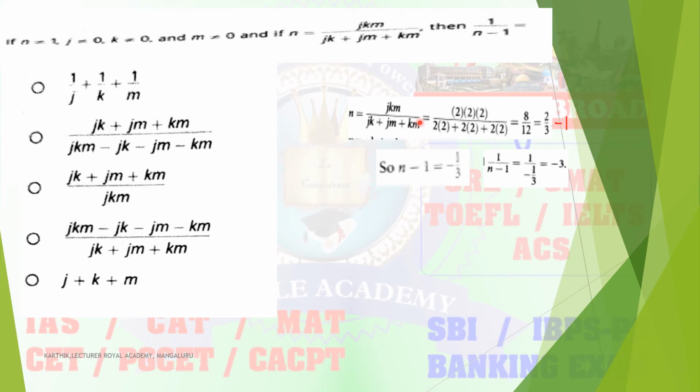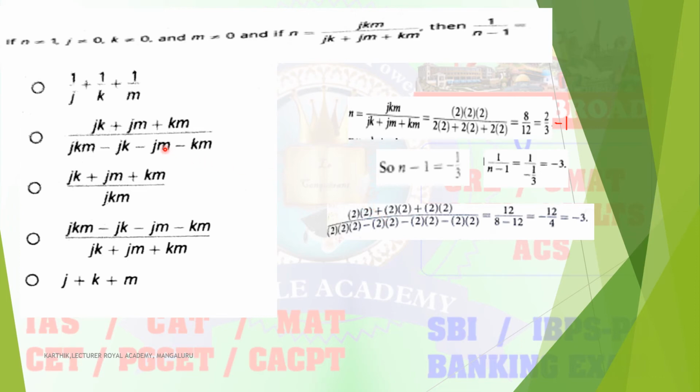Then the same values, j is 2, k is 2, m is 2, you substitute into the options. Which option gives minus 3 as the answer? Just check and choose.